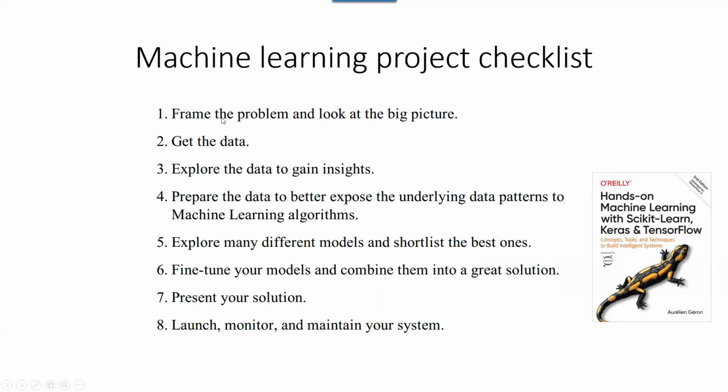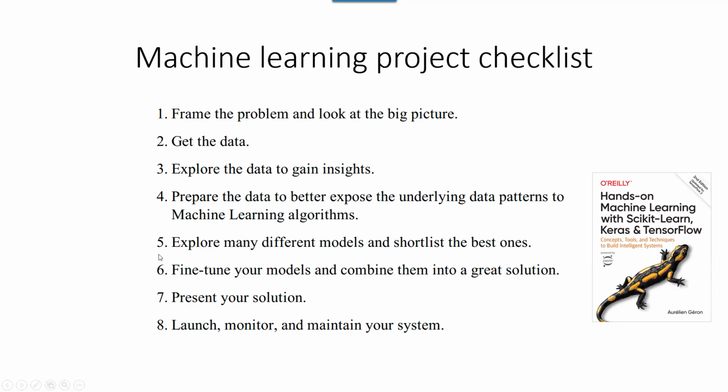First, you formulate the problem and look at the big picture, get the data, explore the data to gain insight, prepare the data to better expose the underlying data patterns, explore many different models and shortlist the best one that fits your need or your problem. Fine-tune your models and combine them into a great solution. Present your solution, launch, monitor, and maintain your system.